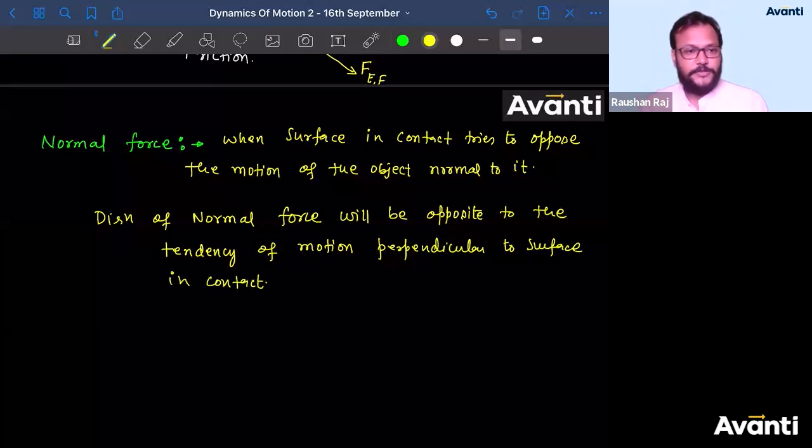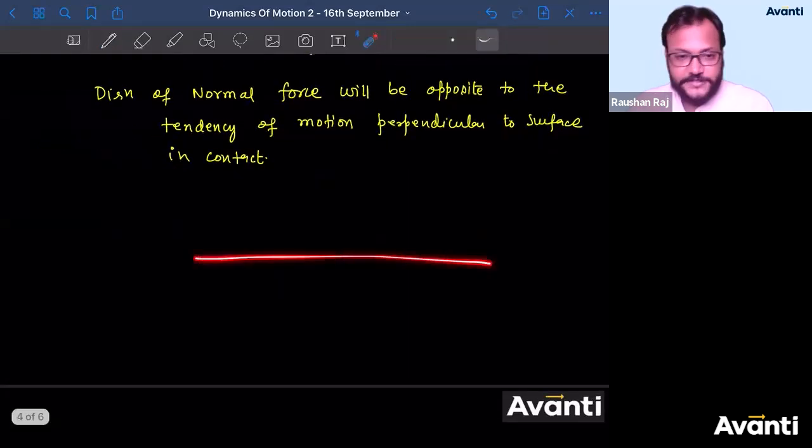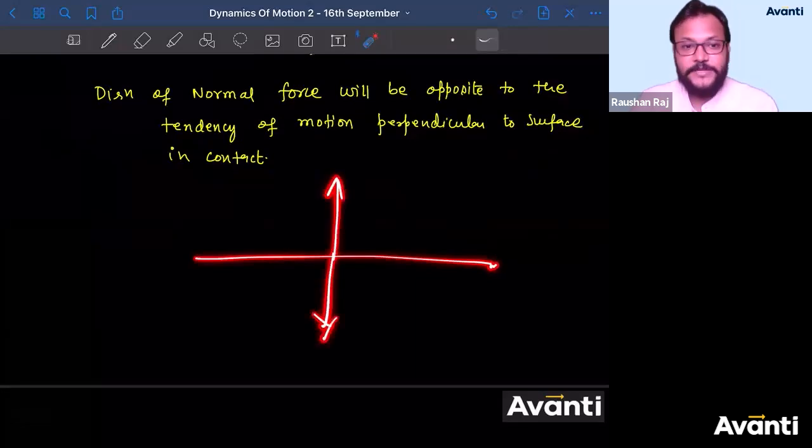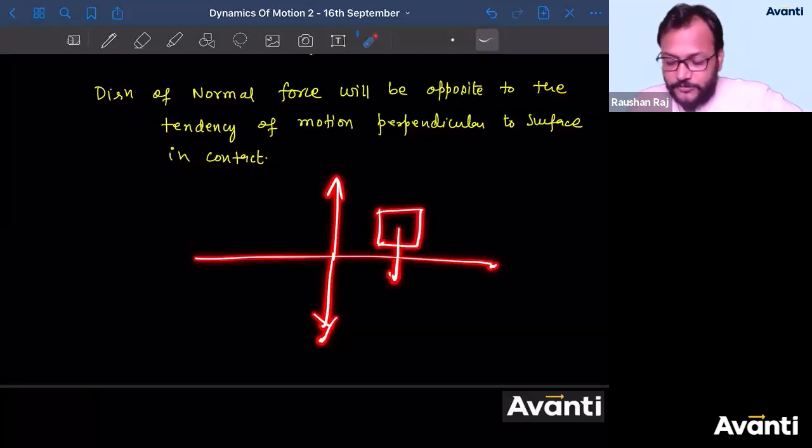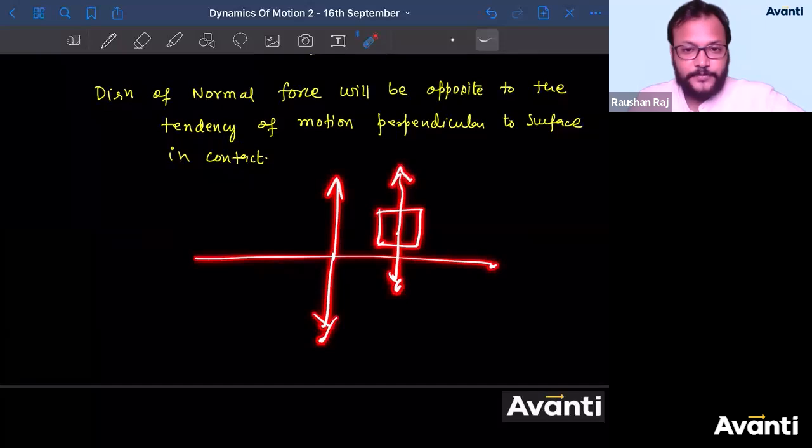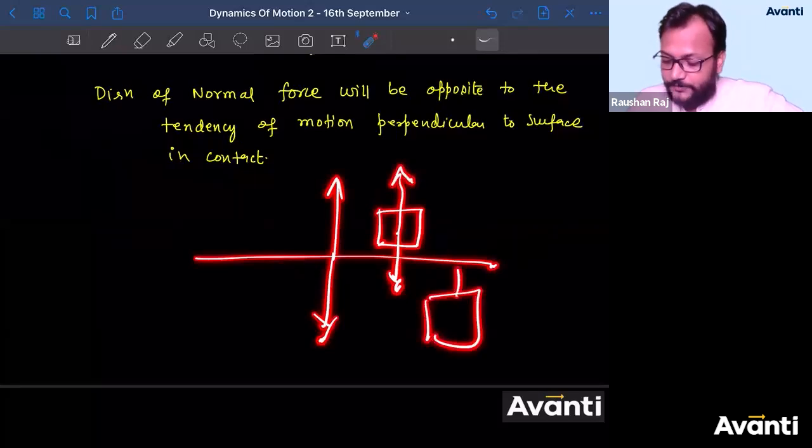Clear है बच्चा लोग? तो perpendicular to the surface, तो two directions are there ना. If you're having this surface, so perpendicular to the surface is upward also, downward also. So which direction? So opposite to the tendency of motion. If the block tries to go down, normal will be upward. If the block tries to go up, downward will be the normal.